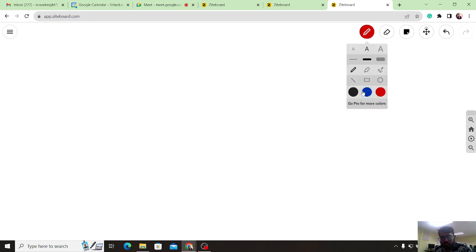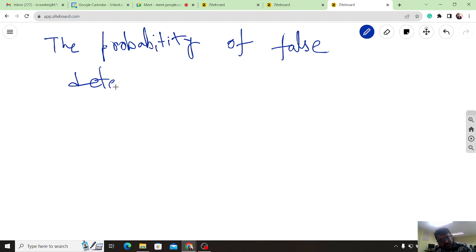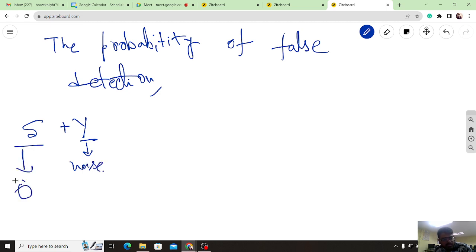So what should be the probability of false detection? The signal component is S and the noise component is Y. So when the signal is 0, the output is only Y. This Y should not exceed this V threshold.